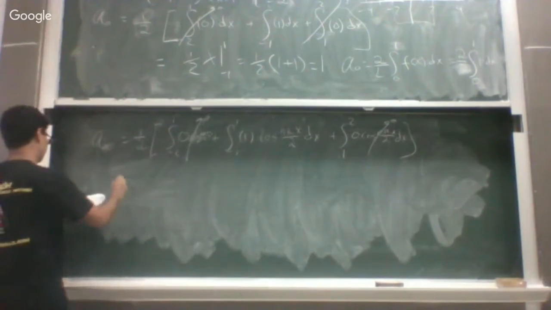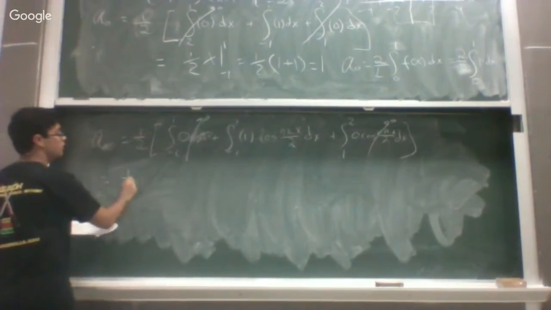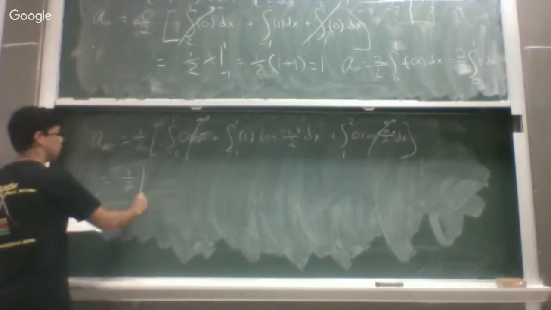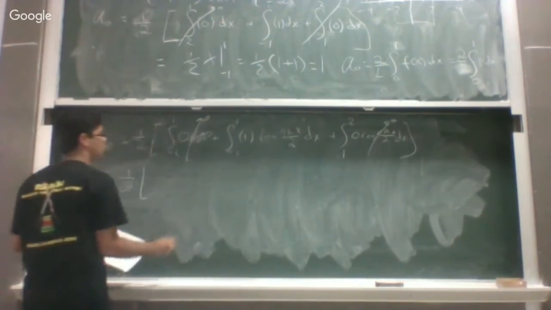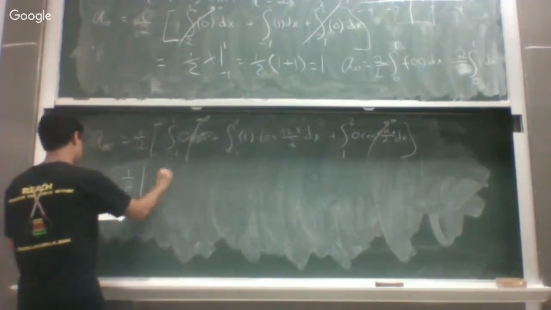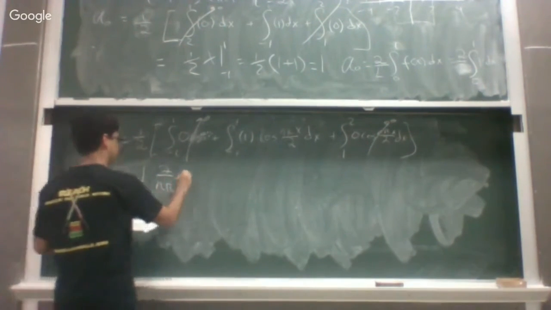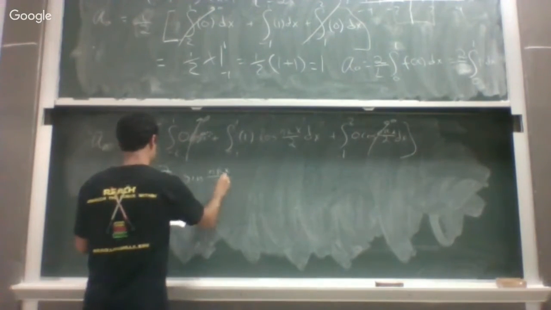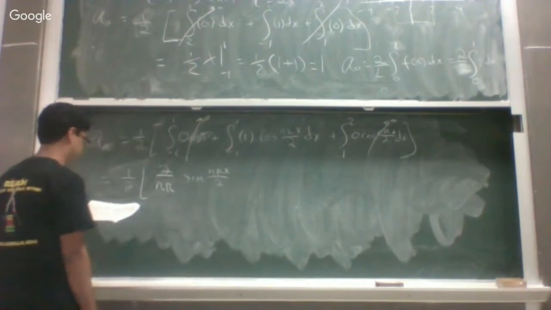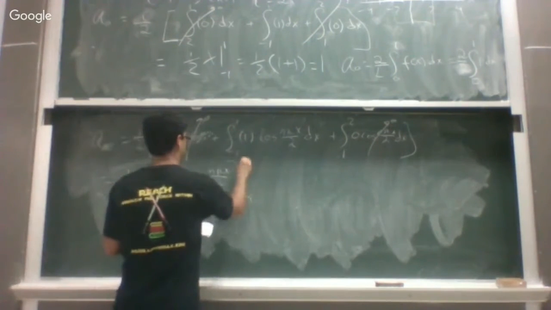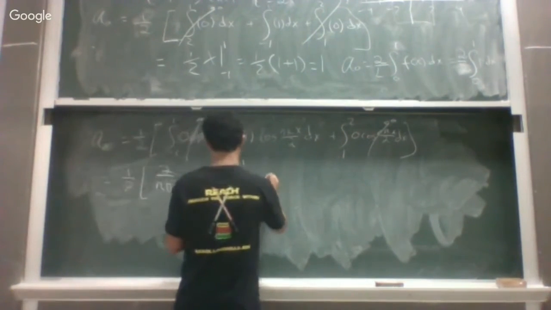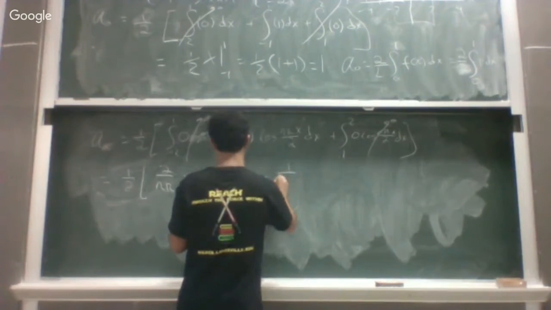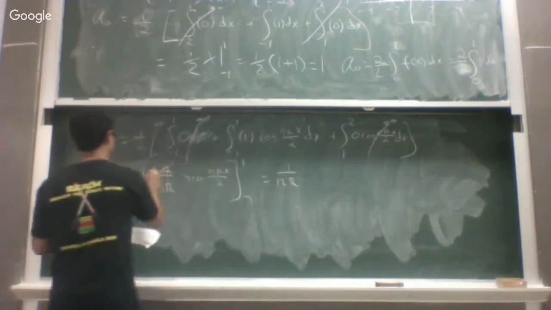So then in that little part, we have 1/2 from this section times the reciprocal, not the negative reciprocal, but just 2 over n pi times sine of n pi x over 2 going from -1 to 1. So then this is equal to 1 over n pi, because the 2's cancel out.